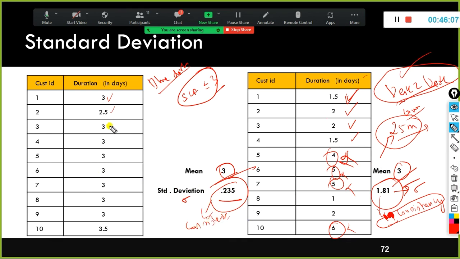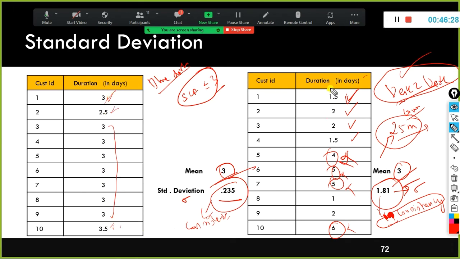Obviously most of the time, consistently they delivered 3, 3, 3, 3, and here also only 2 times. Here only on one occasion they missed the schedule, but still 3.5 is acceptable, and majority of the time they consistently deliver on time.